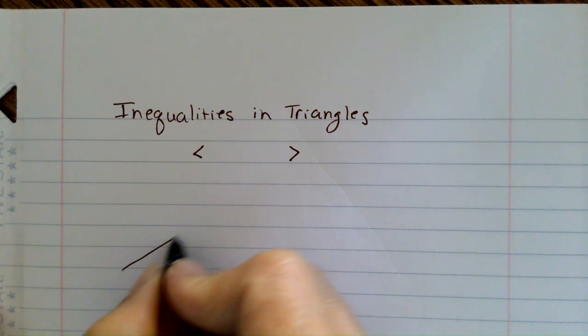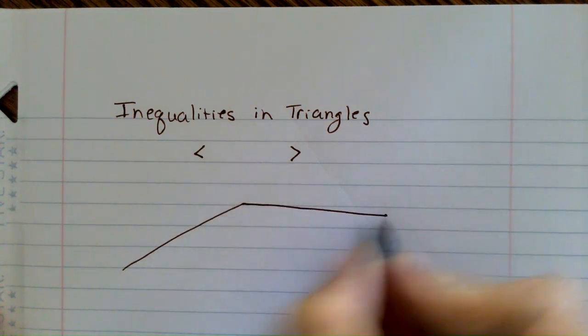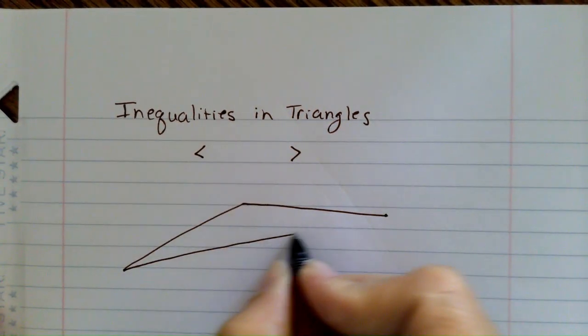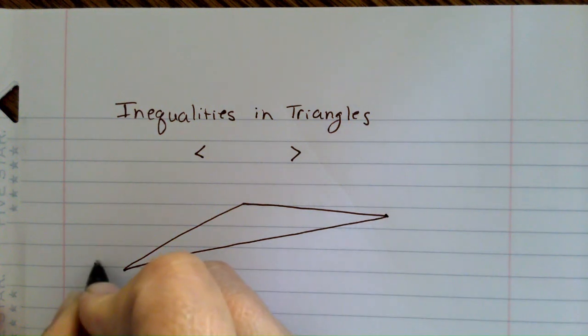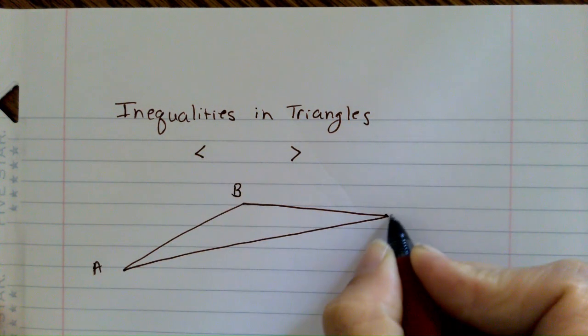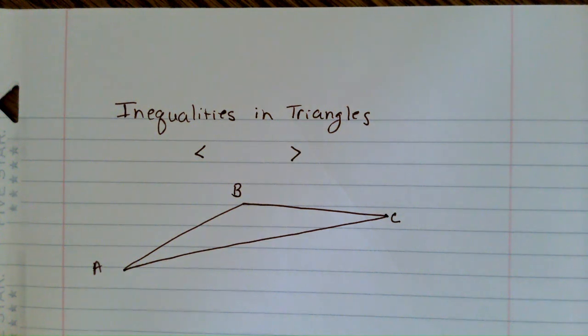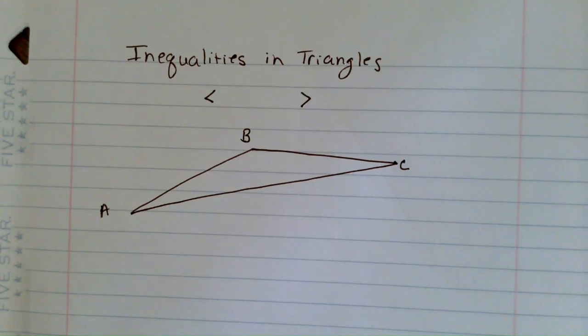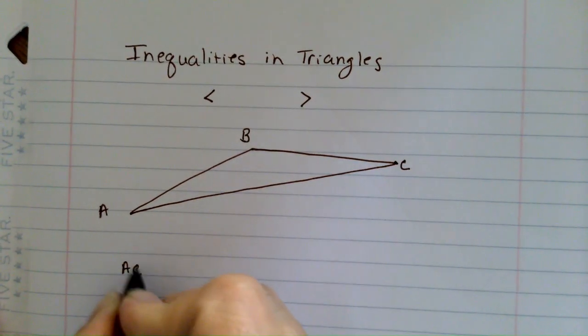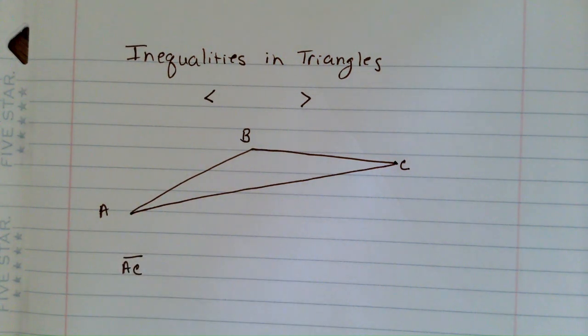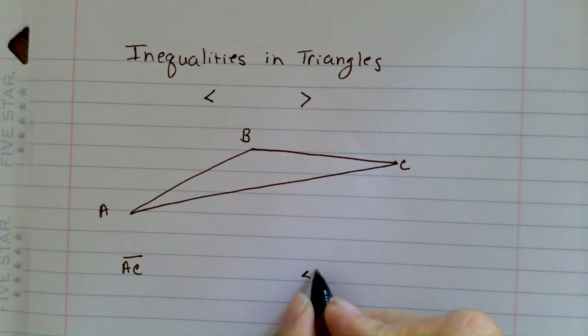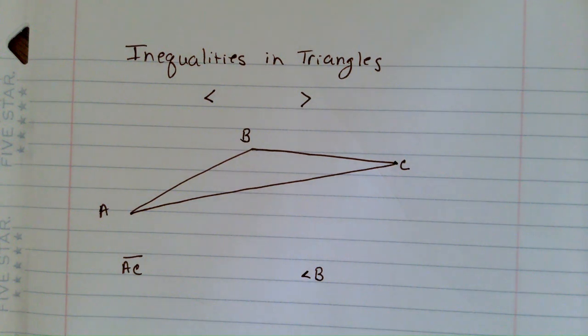So for example, I'm going to try to make this very obvious here. Triangle A, B, C. I think it's very obvious to anyone looking that AC is the longest side and angle B is the largest angle.